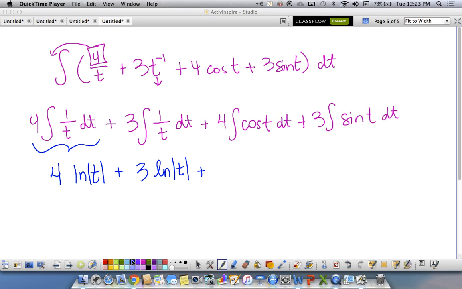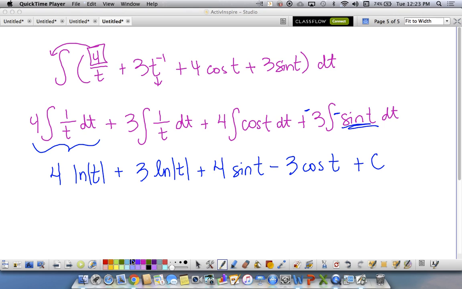Cosine the integral is simply sine, because the derivative of sine is cosine. But this one over here is the tricky one where I have to put the negatives. So I'm going to put a minus 3 cosine t. And now I have my constant c.